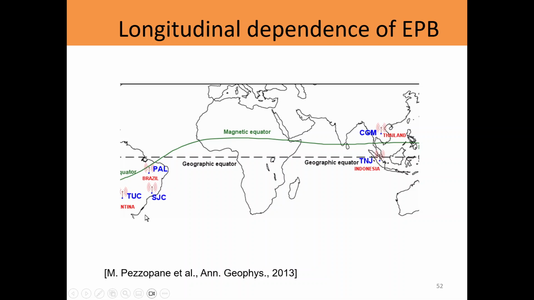In South America they tend to have higher occurrence of EPB than in our area, because of the direction of the magnetic field line over there. We did this work in 2013, so at that time there were not so many stations, but nowadays there are more and more. Yeah, I think some European authors have worked together with 3 continents in a recent publication.